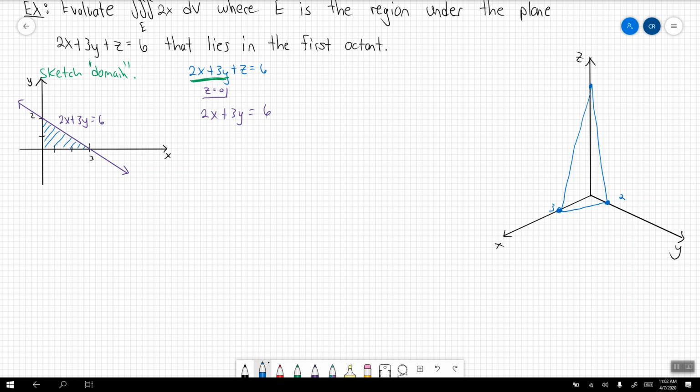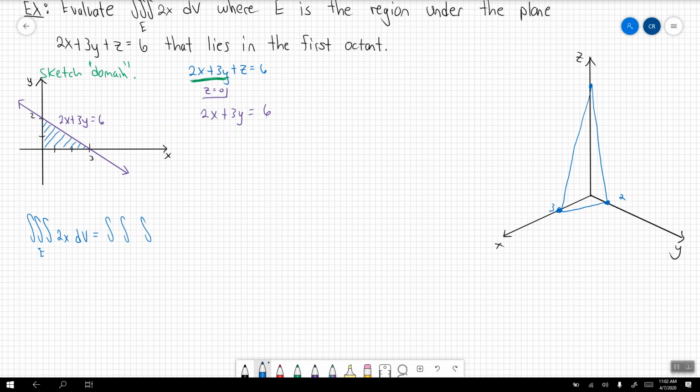That's going to be the first step. So let's go down here, and that's going to be the triple integral over the region for 2x dV. And I'm going to have a triple integral here.